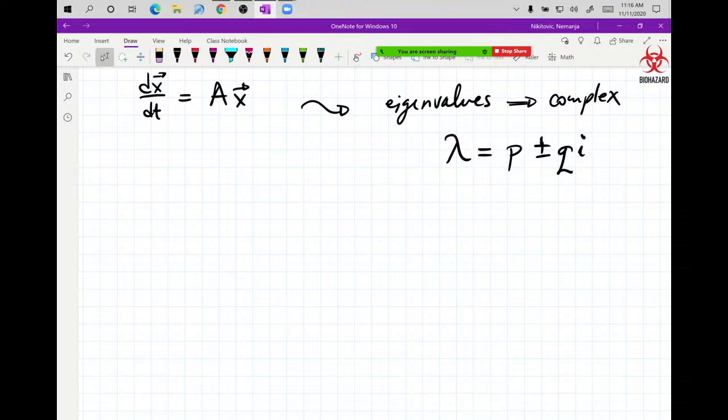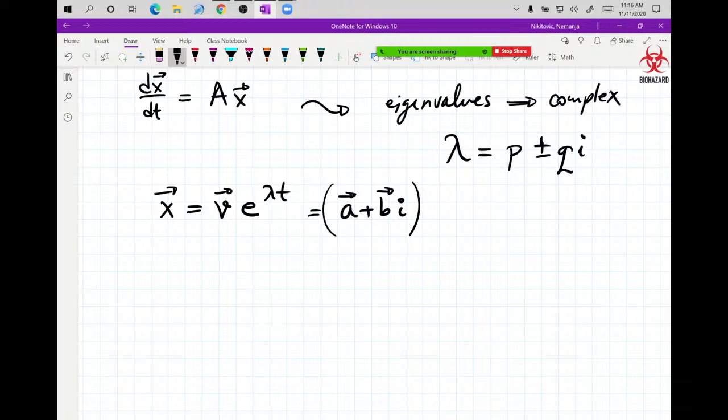Okay, so we know that the solution is going to be v times e to the lambda t. Now my vector v is going to be some vector of the form a plus bi, and that's a complex vector, where you have a column of these a's, let's say, if you have 3 equations, and then plus 3 b's.